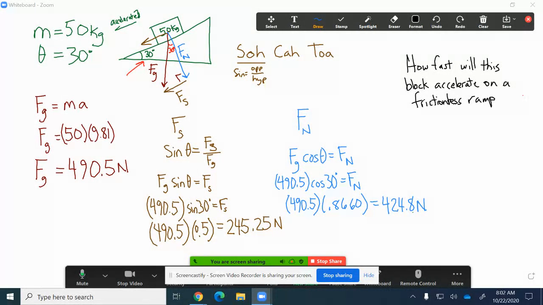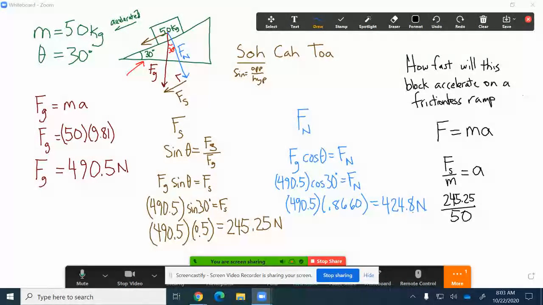And that takes us back to F equals ma, right? This time we want the a, so we take the force, whatever's left of it, which is the force of sliding, divided by the mass of the object, and that gives us the acceleration. So the force of sliding is 245.25. We're going to divide that by the mass, 50 kilograms.